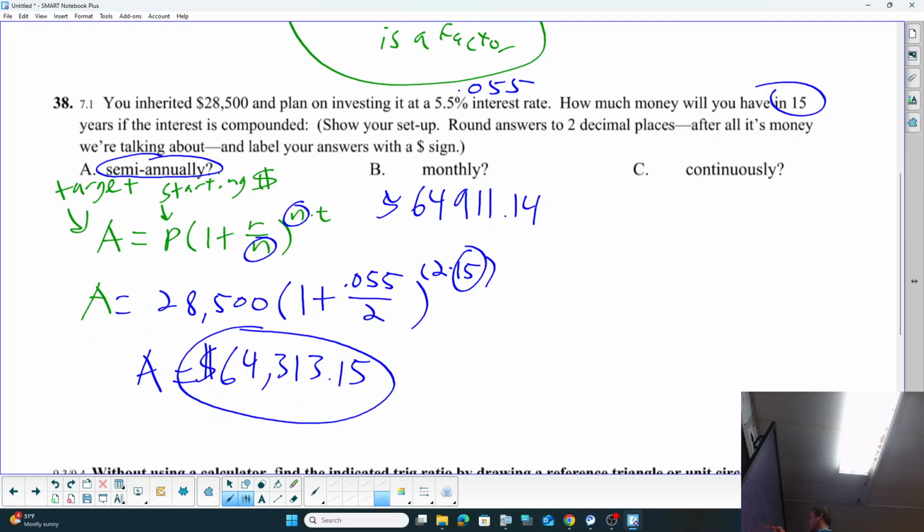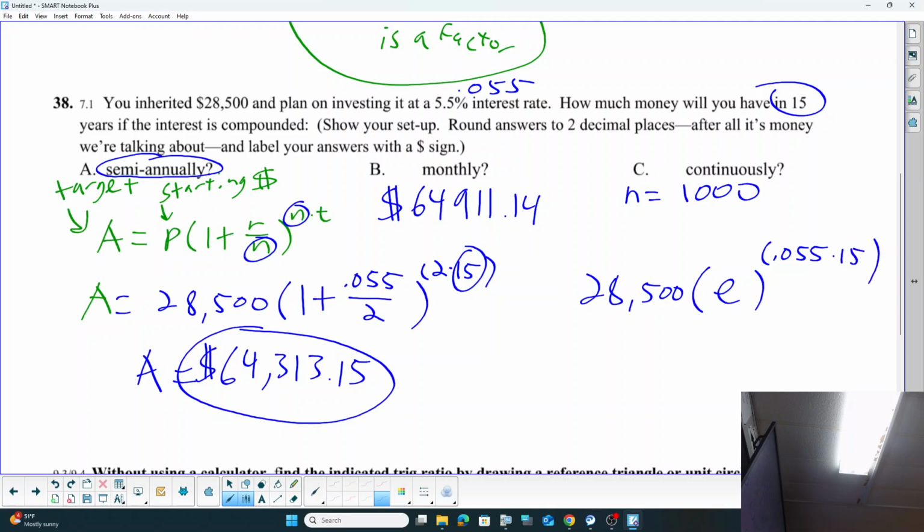And then continuously would be like 100 compounds, or number of compounds equals 100 or 1,000. But there's a faster way to do it, using E. That would be E to the rate times the time, which is 0.055 times the time, which is 15 years. Let's give that a try.